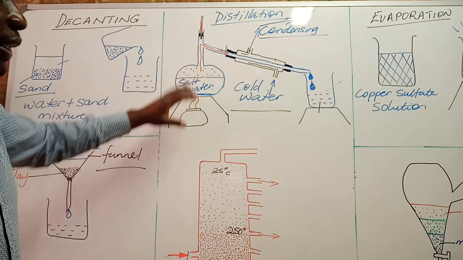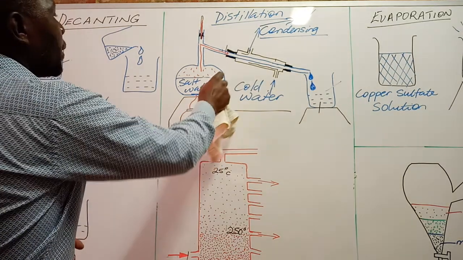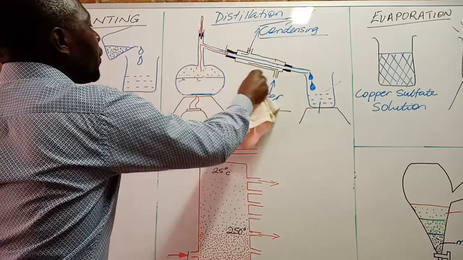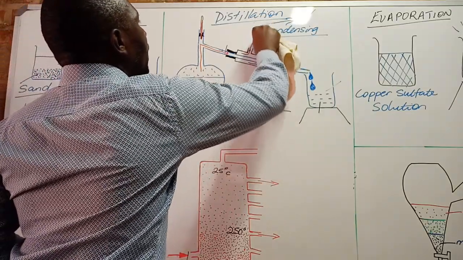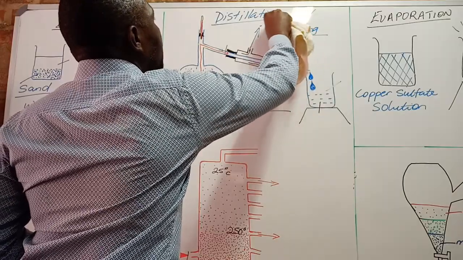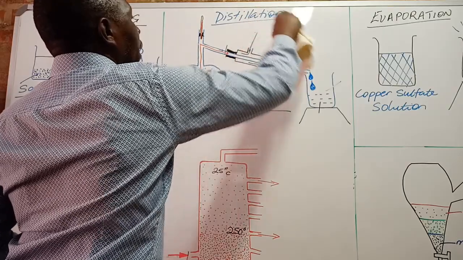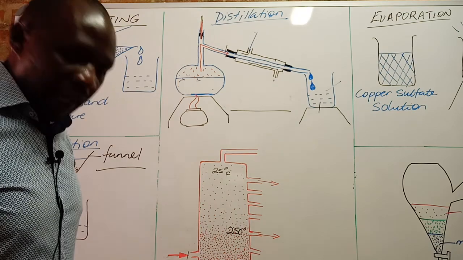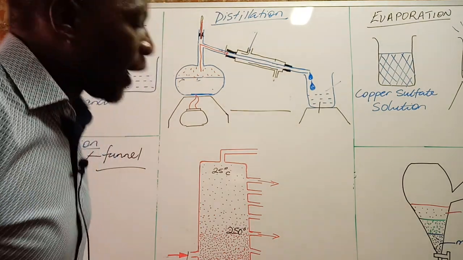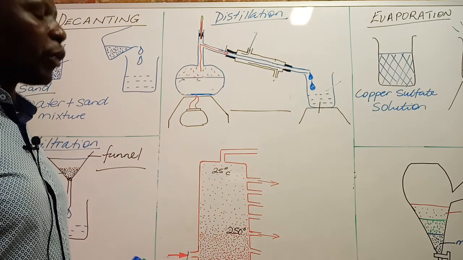This is distillation. But we, however, have fractional distillation. Now, the difference between distillation and fractional distillation is that fractional distillation is a separation method that is used to separate miscible liquids.